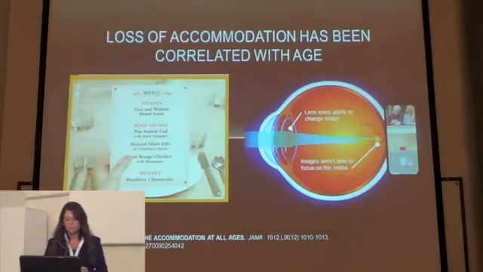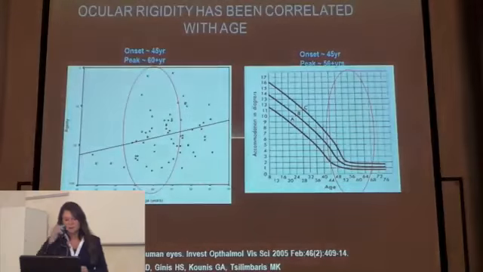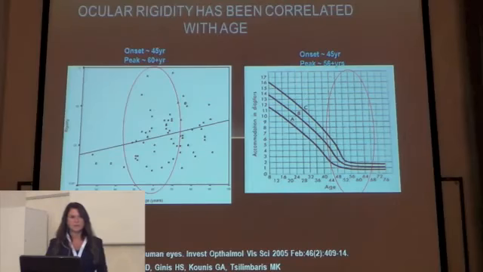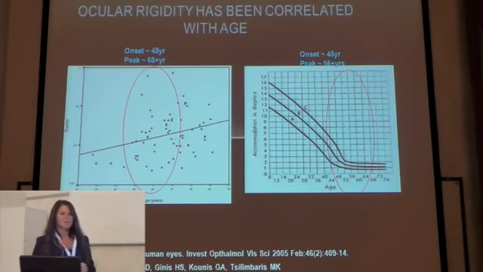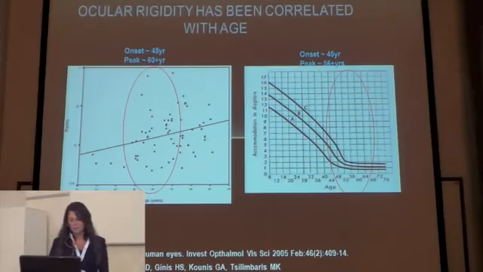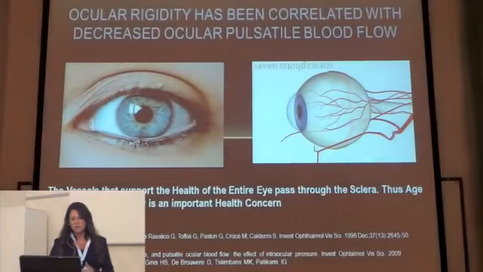We've seen a lot of publications on that. But we also have some pretty interesting and growing articles that show that ocular rigidity is a powerful constant for age as well. And the peak onset of the rigidity of the oculus, the sclera, happens just about the same time as the peak onset of the most drastic loss of accommodation.